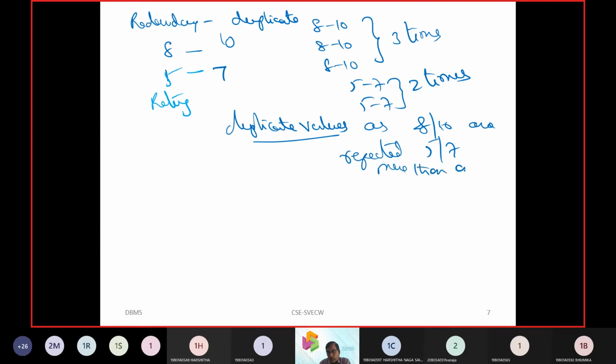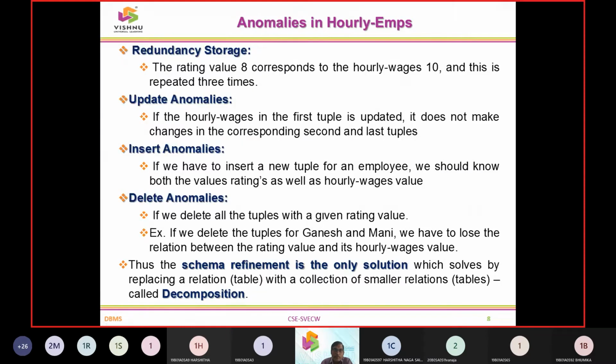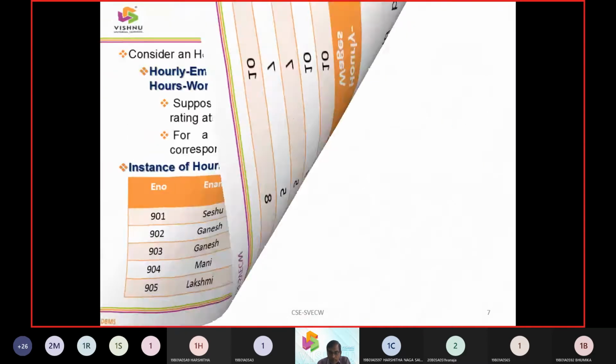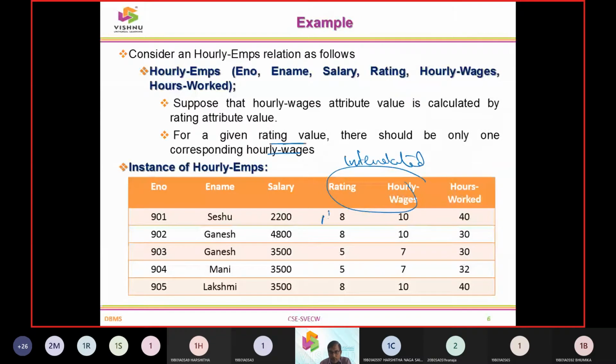more than once. So we say here at this time redundancy. At this point of time, we call this redundancy storage. The rating value 8 is repeated 3 times: first time, second time, third time.